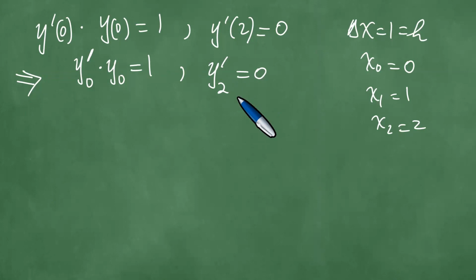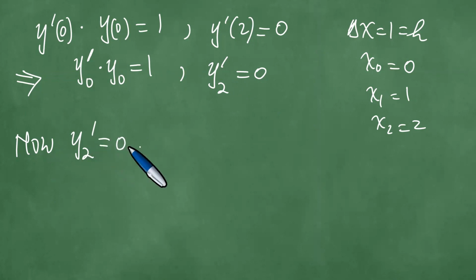Right, so what do we do now? Now, let me write something here. Now, y2 primed is 0.